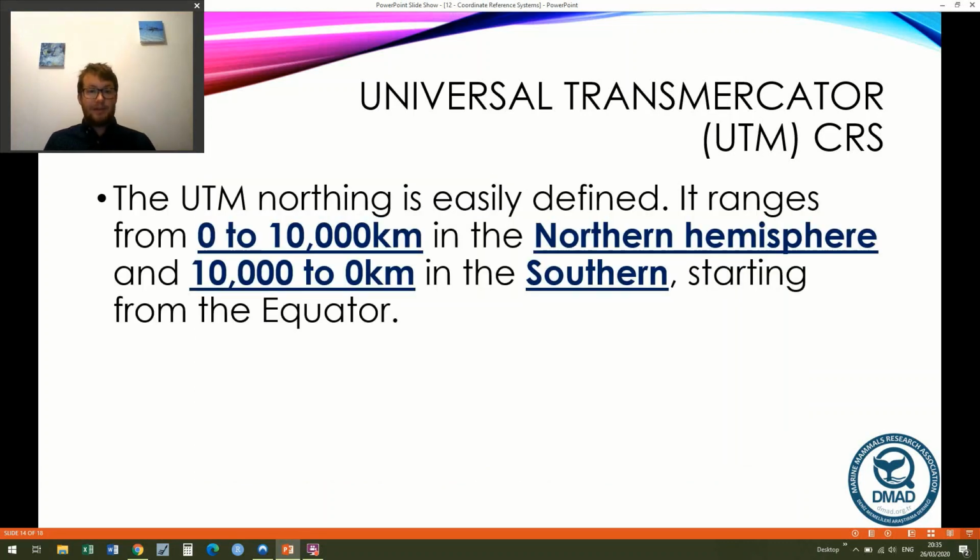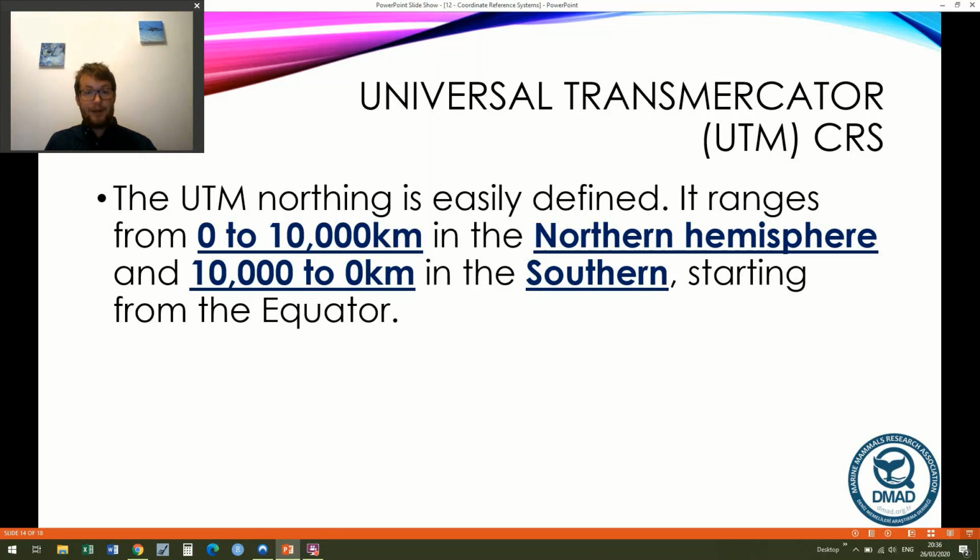So, defining northings in the UTM is very easy. Northings range from 0 to 10,000 kilometers in the northern hemisphere, and 10,000 kilometers to 0 kilometers in the southern hemisphere, starting from the equator on both occasions.